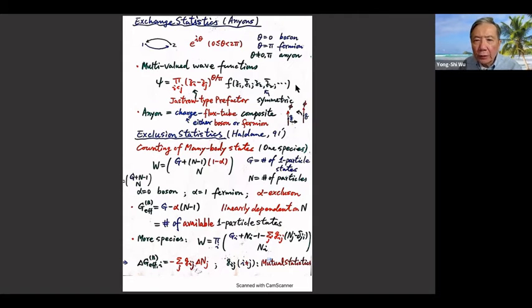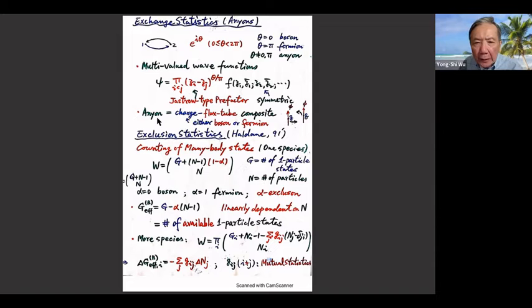So in general, the wave function has the following form: a Jastrow type prefactor, which is a product of (z_i minus z_j) for any pair of particle indices i and j raised to power θ over π, times a symmetric polynomial of the complex coordinates.